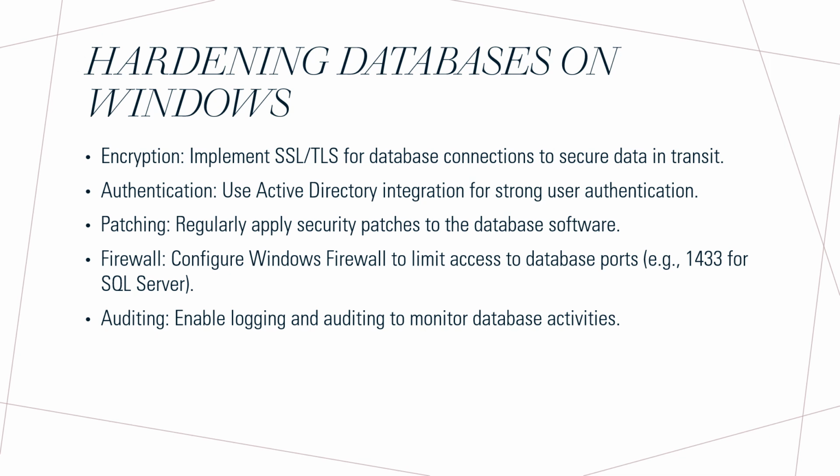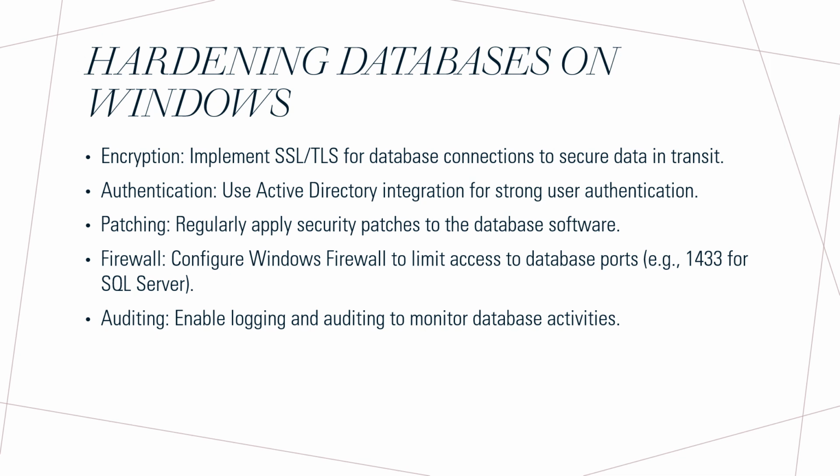Here is how to harden databases on Windows. Securing databases on Windows involves several steps. Firstly, enable SSL/TLS for encrypted connections, ensuring that data in transit is protected. Integrating with Active Directory allows robust authentication using domain policies for added security.